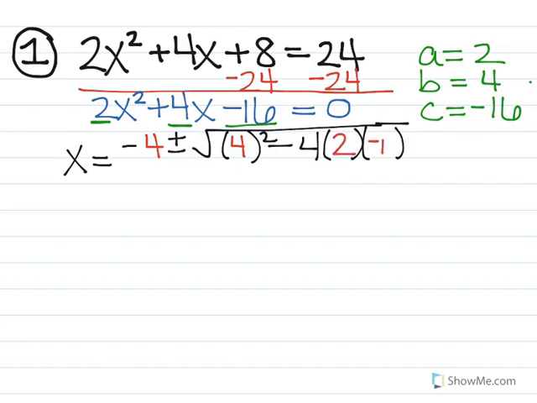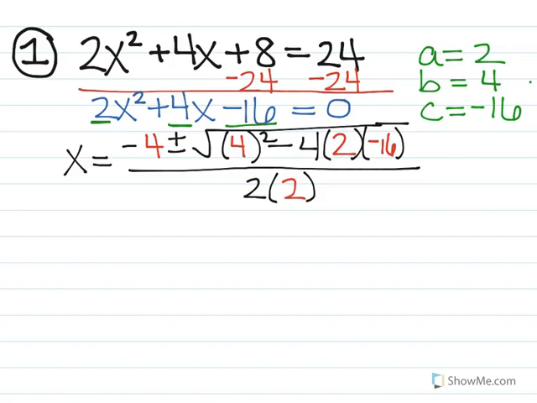Our c value was negative 16. And this whole thing turns into a fraction, all divided by 2 times our a value, which we said was 2. Okay, so that is step 3, plugging the values into the formula.